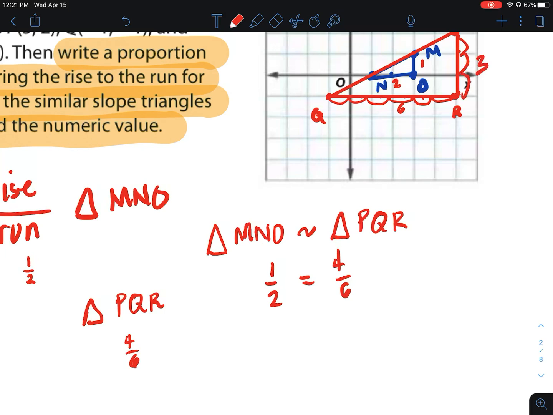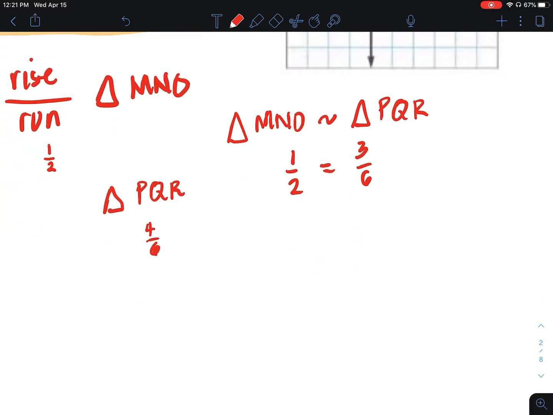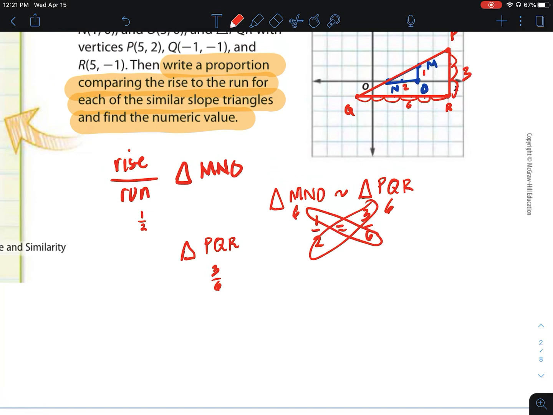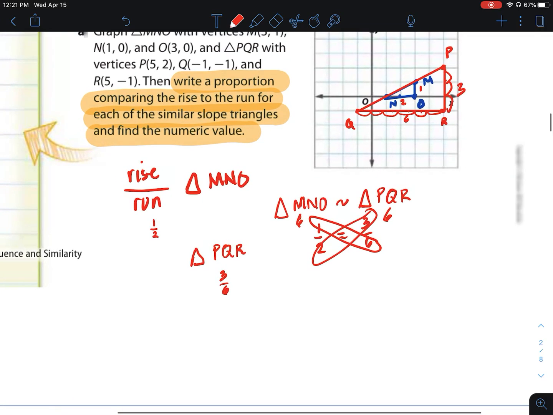I counted wrong, so this is 3. And if you notice, those two ratios are proportional. Again, how do we check it? If we do the cross products, that is 6, that is 6, and that is the numeric value.